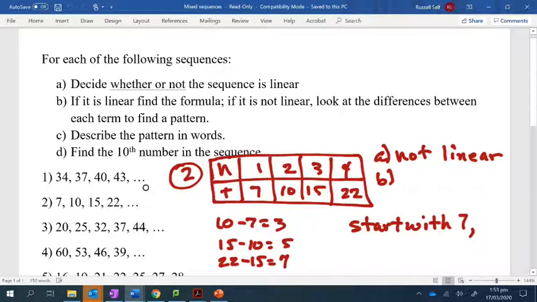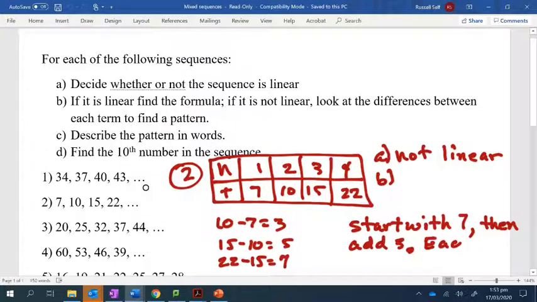Because it's not linear, we need to have a starting number. If it's linear, we don't need one. So start with 7 and add 3. Then for each further term, add consecutive odd numbers.